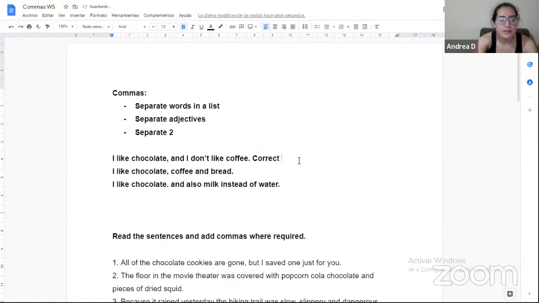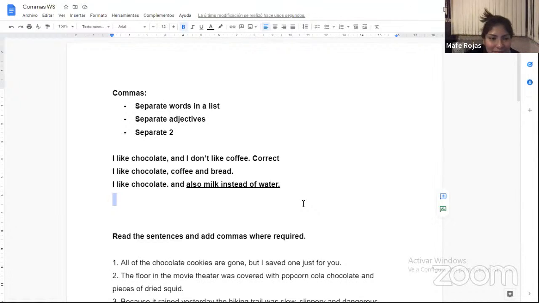Now, this one here, is this a clause? Also milk instead of water? Is that a clause, the underlined part? Could be. No, it's not a clause, because it doesn't make sense. But that's not the indicator of whether it's a clause or not.